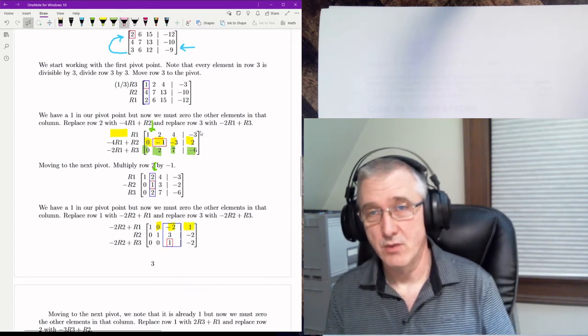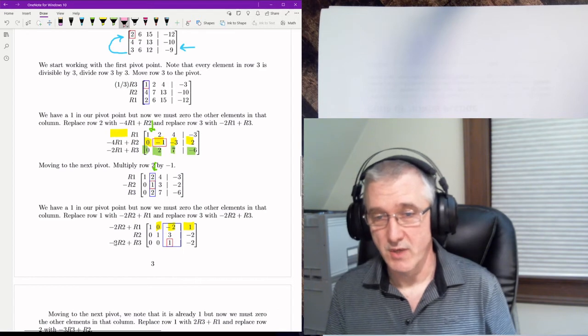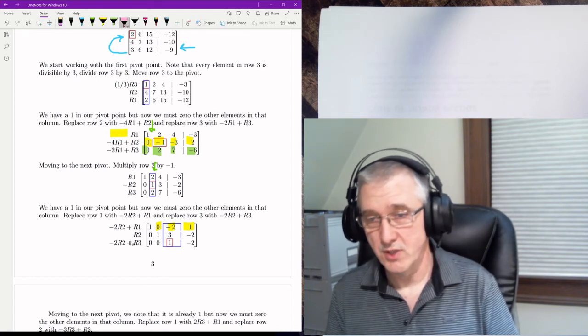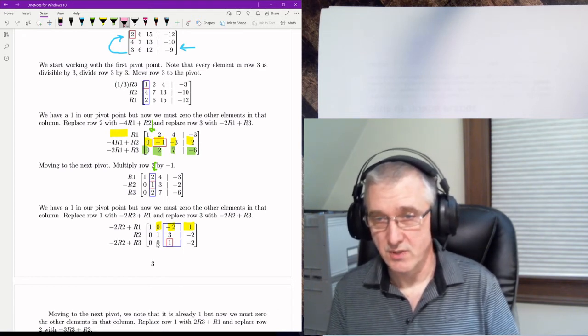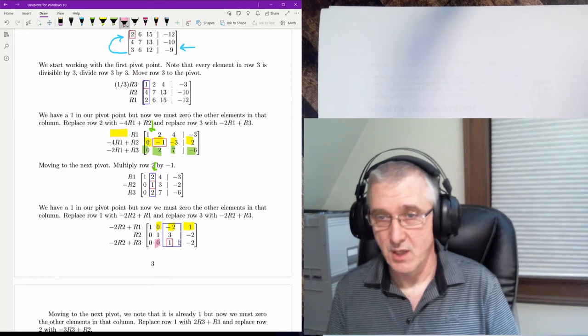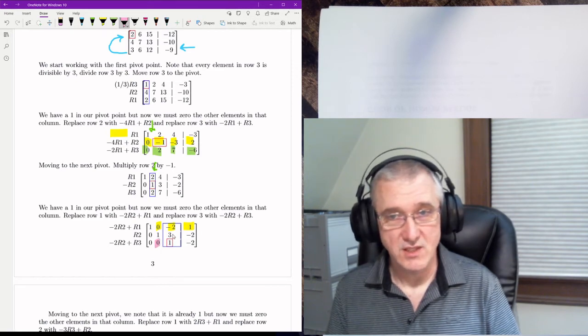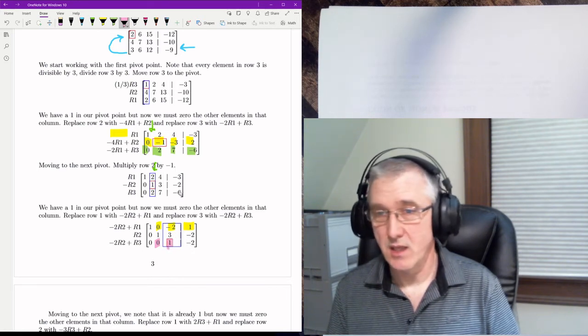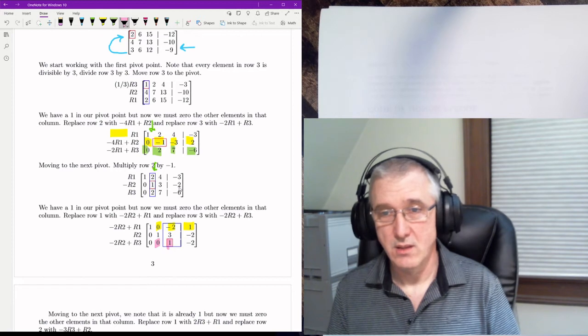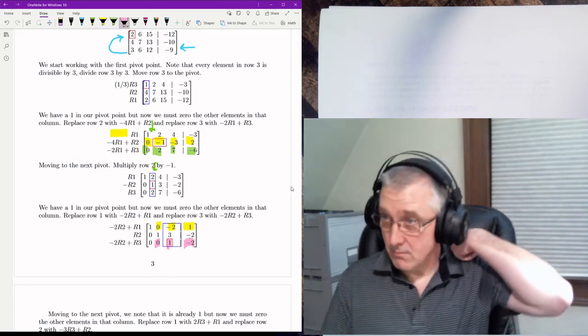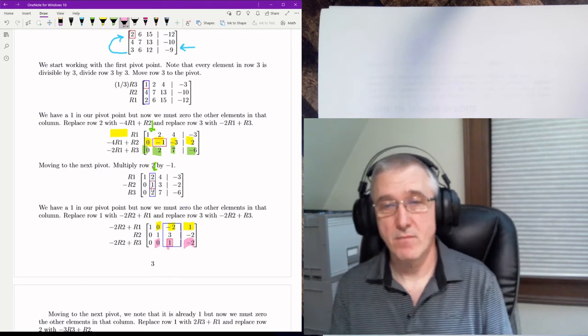Then we go to row 3. It's -2 times row 2 plus row 3. So we end up with 0. -6 plus 7 is 1. And 4 minus 6 is -2. Okay, everyone clear with that?